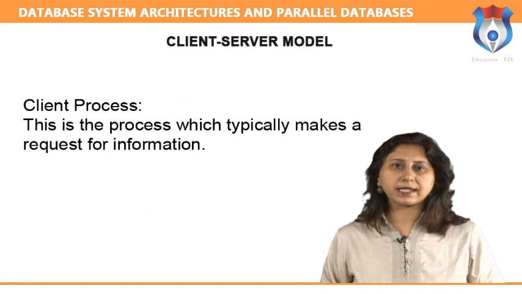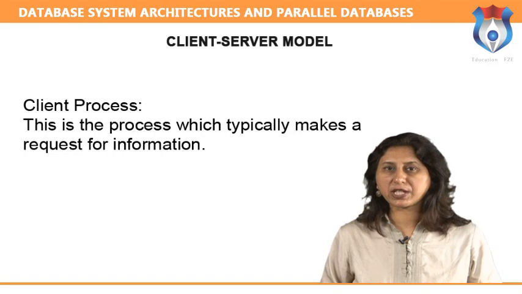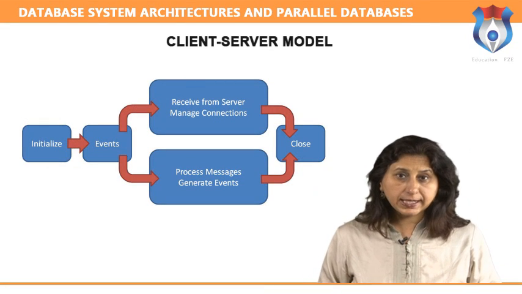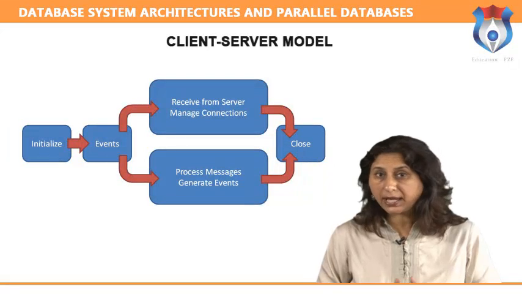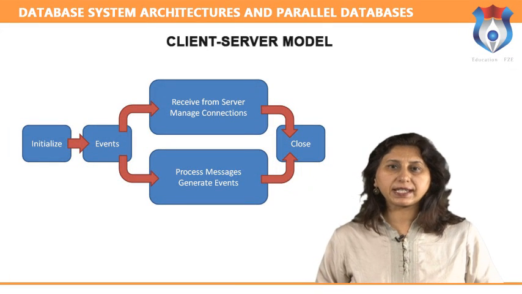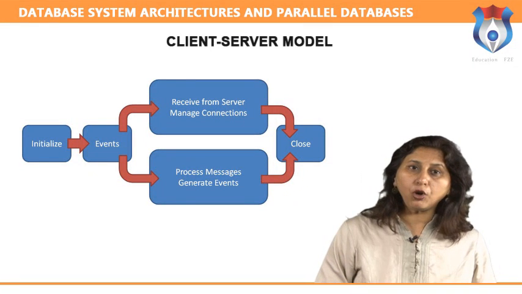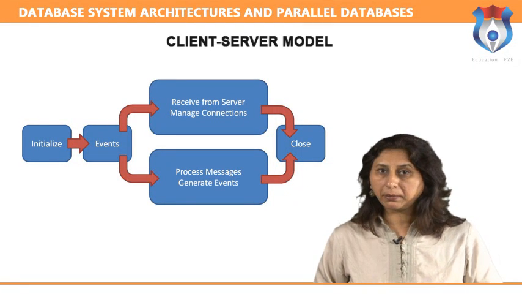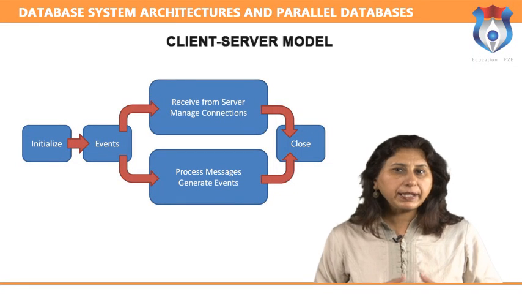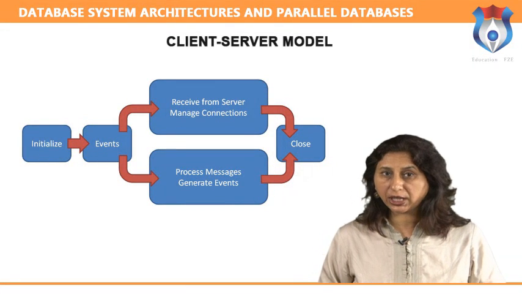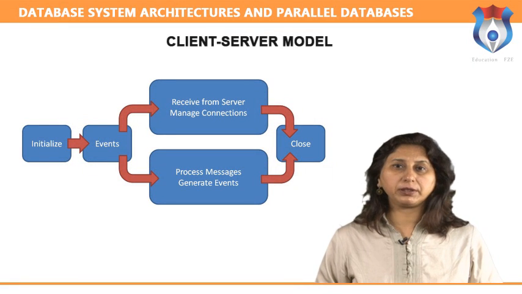The client is the process which typically makes a request for information. After getting the response, this process may terminate or may do some other processing. Clients run their own copy of an operating system and run one or more applications using the client machine's CPU and memory. The application communicates with the DBMS server running on the server machine through a database driver.